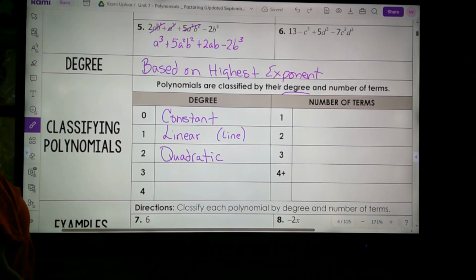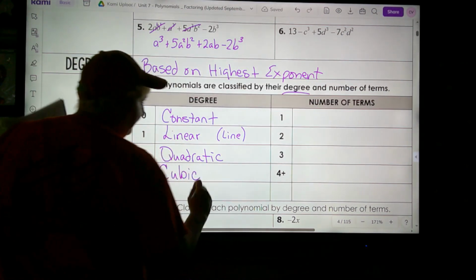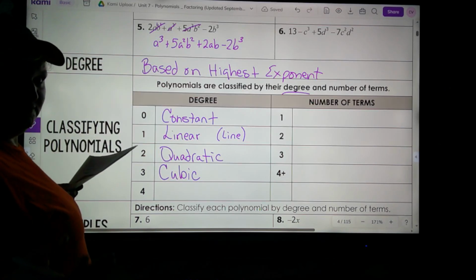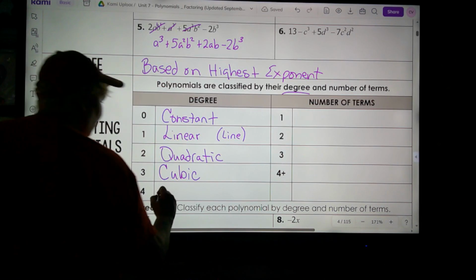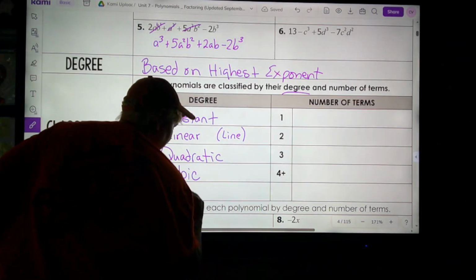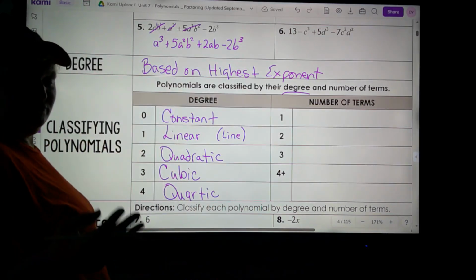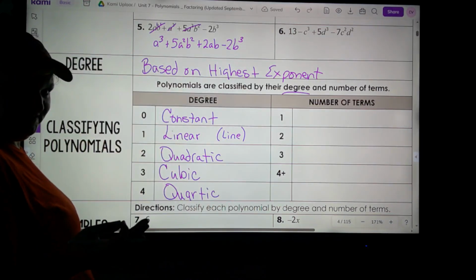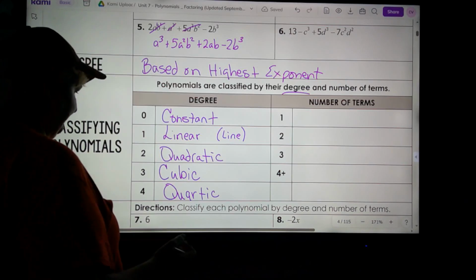The highest exponent is a 3, it's cubic. Think about cube, cubed, cubic, 3. If it's 4, it's quartic. Q-U-A-R-T-I-C. Think about quarter, 4 quarters in a dollar, quartic. Right? So if it has the highest exponent of a 4, it's quartic.